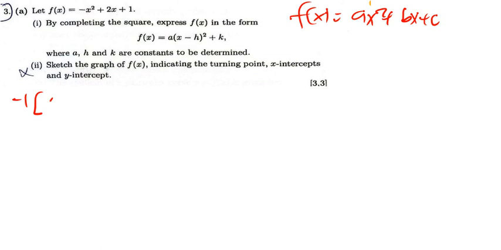If I divide negative 1 into positive 2x, it is negative 2x. I divide negative 1 into positive 1, it is negative 1. Why am I doing this? If I multiply this by everything inside, I should go back to that.